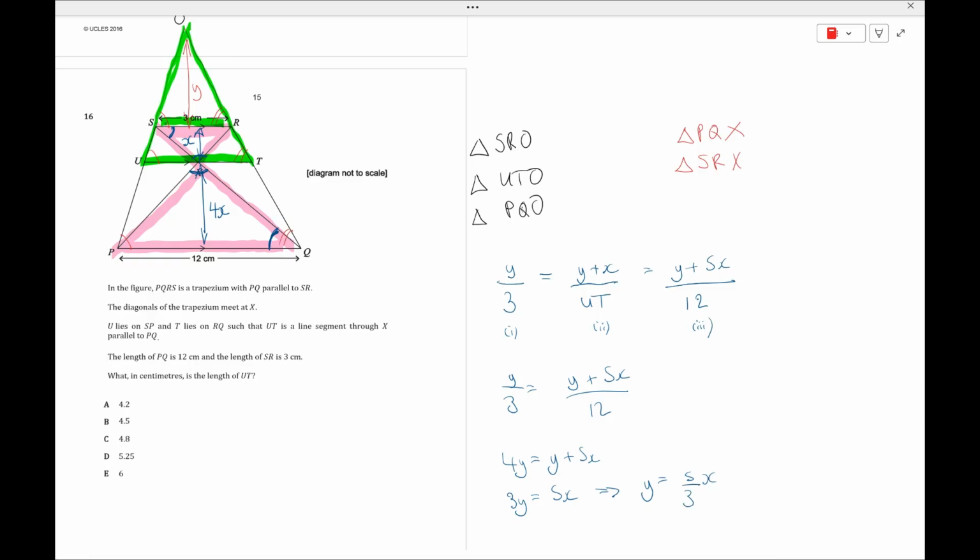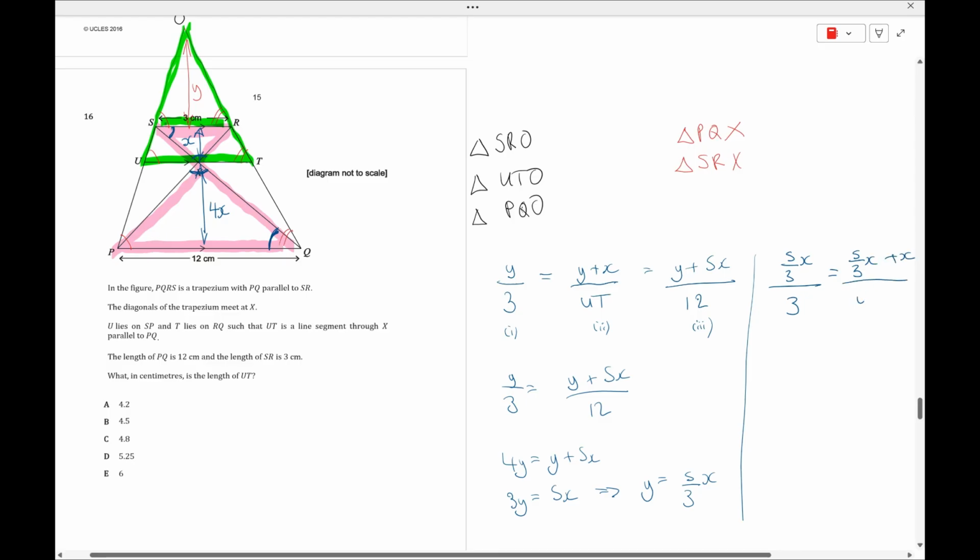I can then substitute this into either 1 equals 2 or 2 equals 3, and then I'm going to be able to get UT on its own. So let's go for 1 equals 2: 5 over 3 x all over 3 equals 5 over 3 x plus x all over UT.